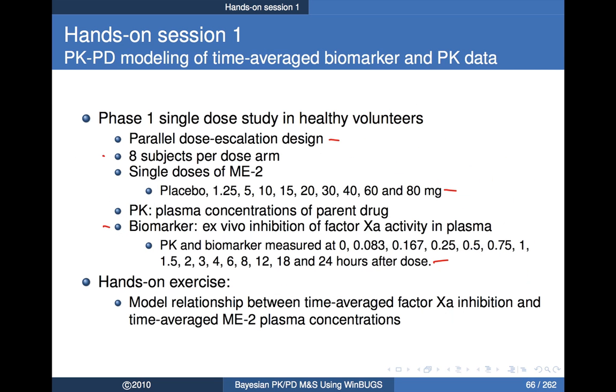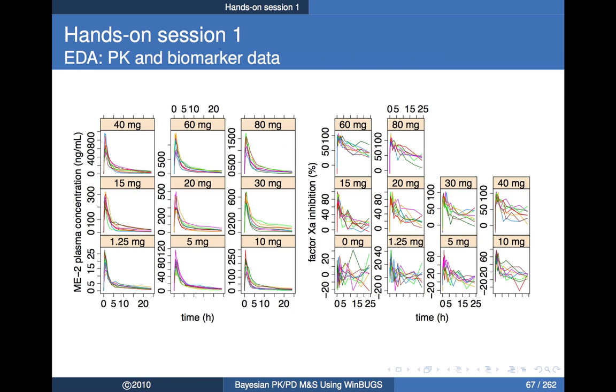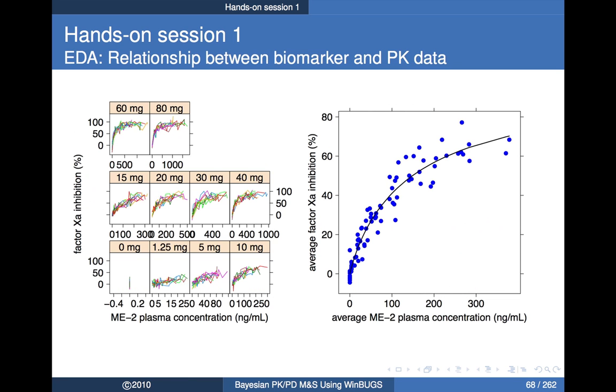I forgot to mention that in that first example we looked at the time averaged values of both plasma concentration and the biomarker. So in effect, we were looking at the average concentration over 24 hours as well as the average factor Xa activity inhibition over 24 hours. That was the raw data, but when you take those essentially AUCs divided by 24 for each of those, we had a picture that looked like the one on the right.